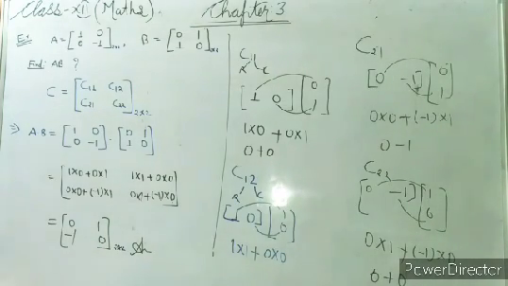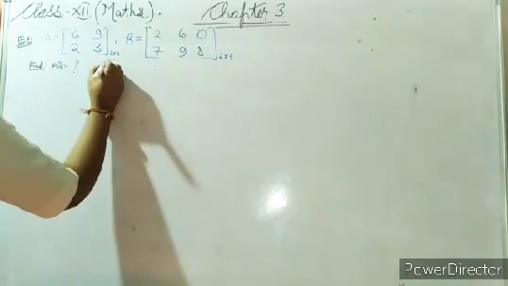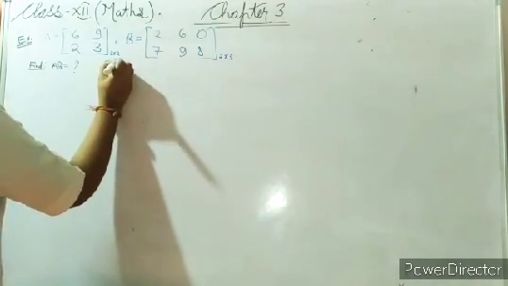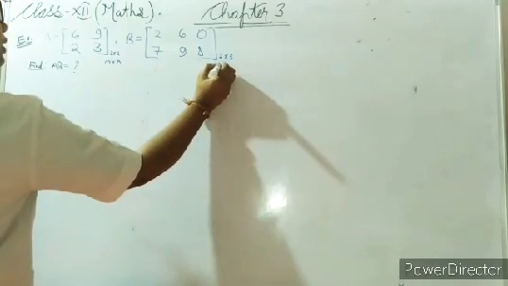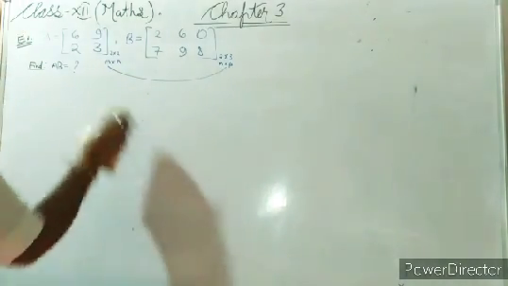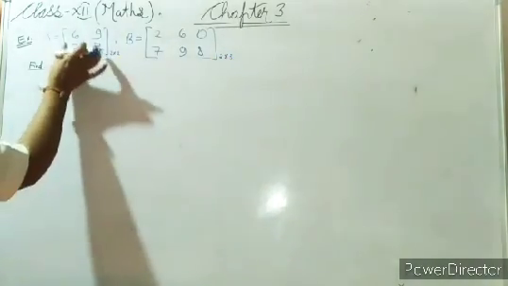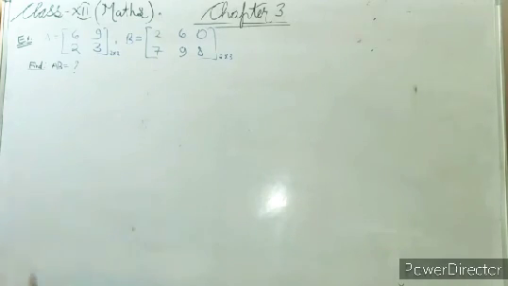Okay. Now let's take the next example. Now you see, it is our next one. If you remember, I taught you m multiply n multiply p. It will come n multiply p. So you see here, we have 2 rows. That means here multiplication is possible.